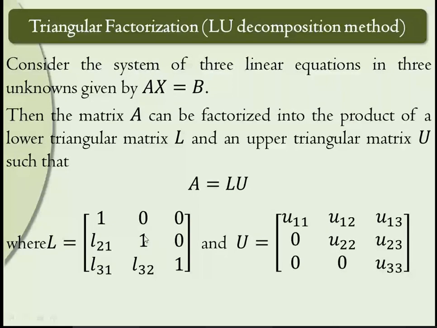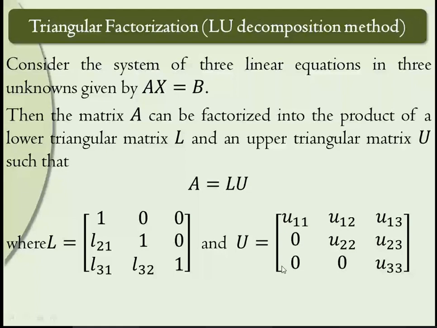All the diagonal elements are 1 for this lower triangular matrix, and above them are 0. U is U11, U12, U13, 0, U22, U23, 0, 0, U33. So these are the two matrices, lower and upper triangular, whose product is A.